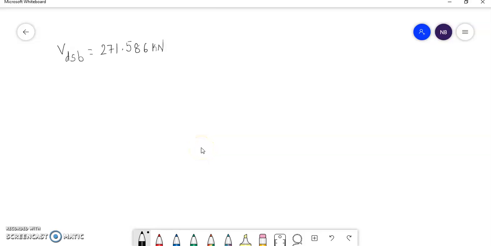In the previous class we found out the design strength in shear, and this is the value. Next we need to find out the design strength in bearing.